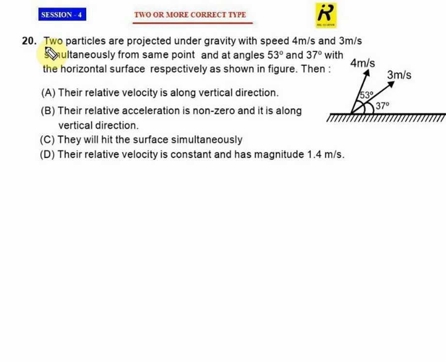Here, two particles are projected under gravity with the speed 4 meter per second and 3 meter per second simultaneously from the same point and at angles 53° and 37° with the horizontal surface respectively, as shown in the figure.